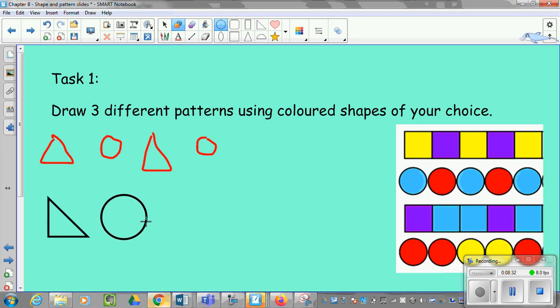So for this shape, I'm going to go triangle, circle, circle, square, and then I'm going to repeat that again and again and again. Have a go, really challenge yourselves at these. For the last time that you do this, I want you to try and see if you can make a 4 or 5 part pattern, or if you can even do some more.